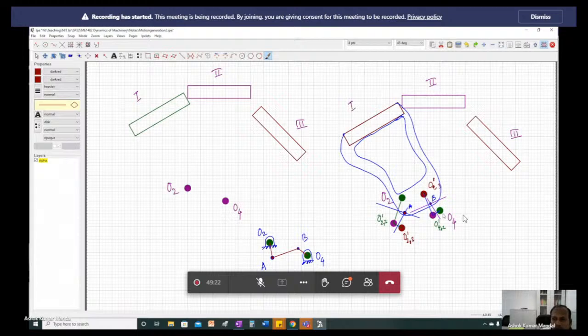When you do that, you will get O2 3, O4 3. Once you have these 3 points, join them and get the perpendicular bisectors.